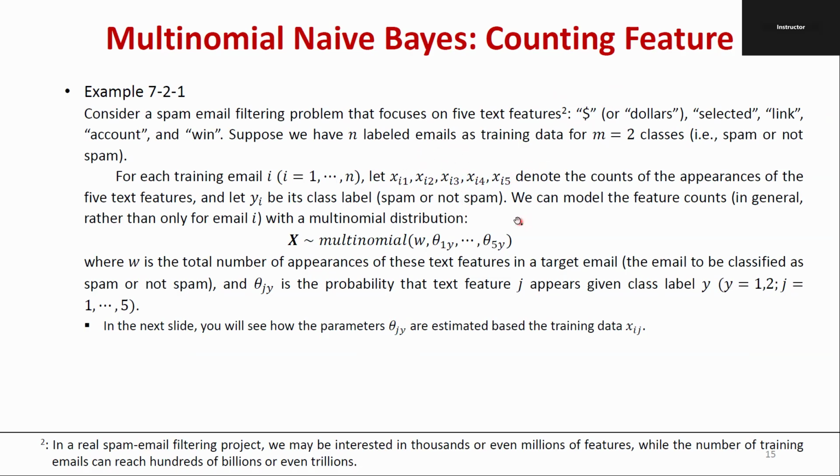Now we can model the feature counts this way: the feature vector follows a multinomial distribution with these parameters. Again, how to estimate these parameters we will introduce later. Here theta_jy is the probability that text feature j appears given class label y.